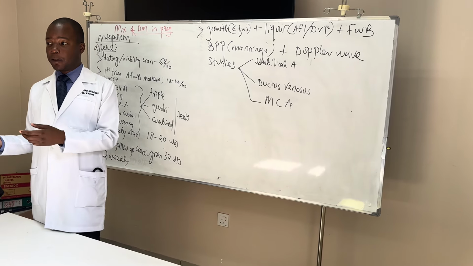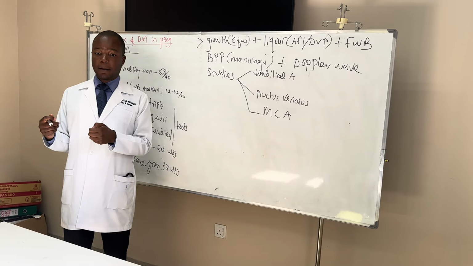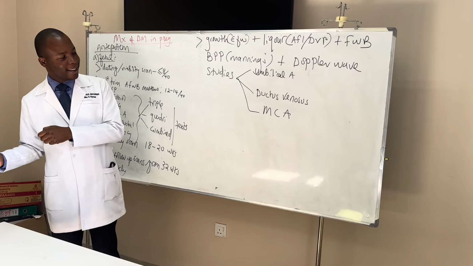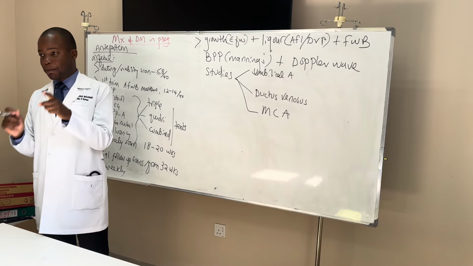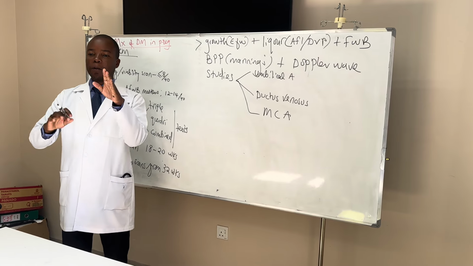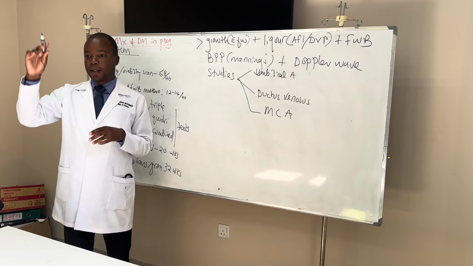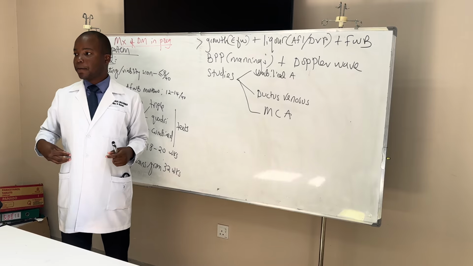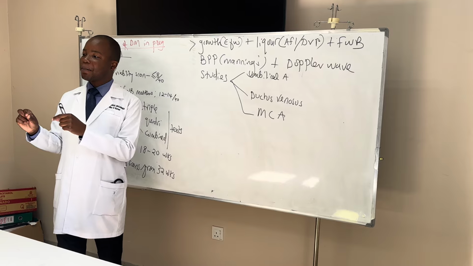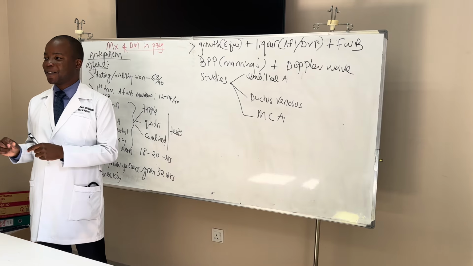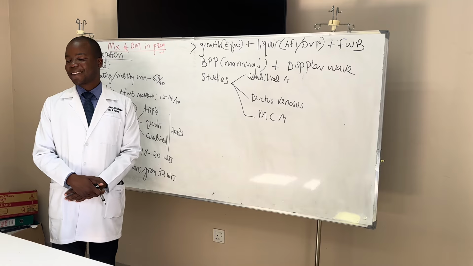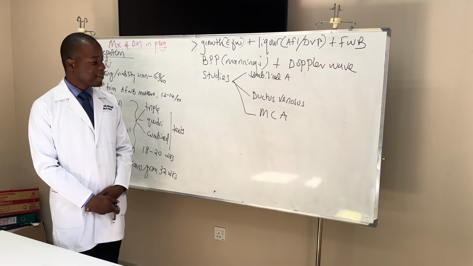Remember, previously we were using what was called optic density spectrophotometry, where we used to do amniocentesis and then check the levels of bilirubin and come up with a chart of zones. But now that is very invasive. People are now using the middle cerebral artery and checking for what are called the multiples of the median, the MoMs. Again, if I say MoM, you think of money. Minute of silence.